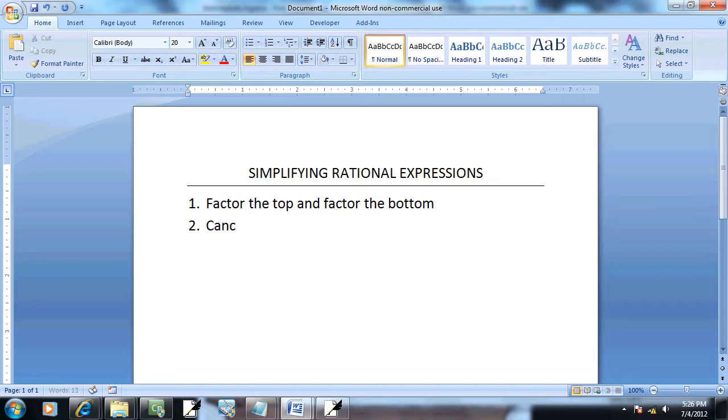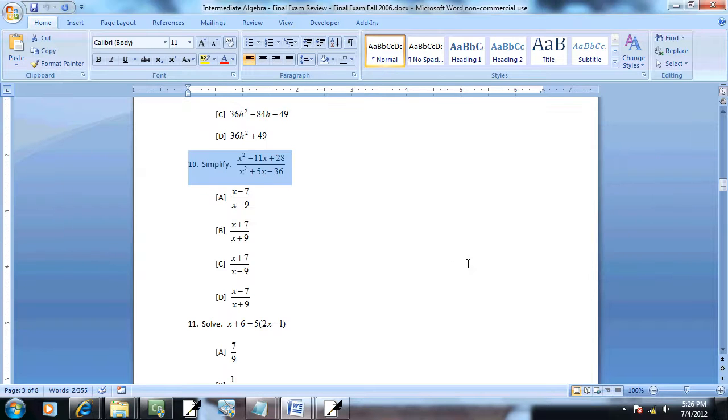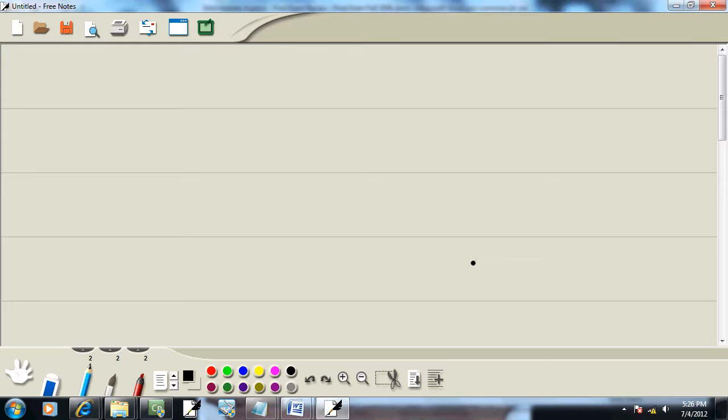Step 2, cancel if necessary. Two pretty simple steps. The factoring part is probably the part that throws a lot of people.